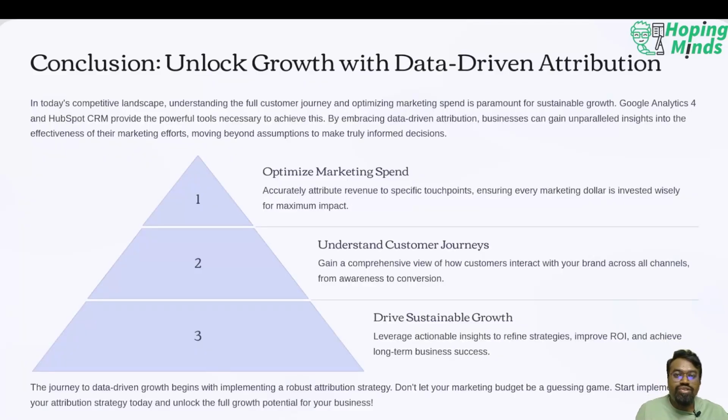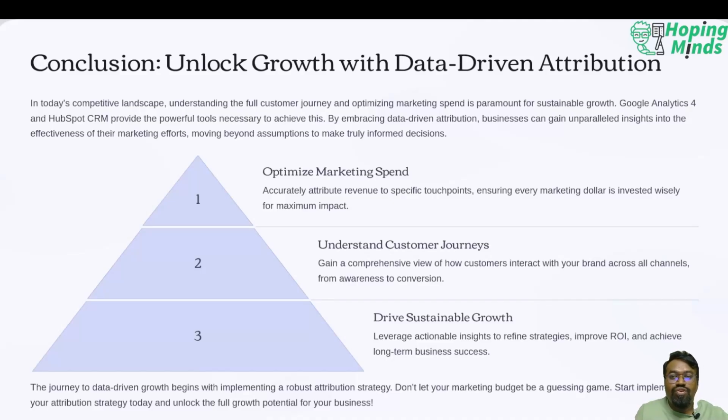Now, if you see the conclusion, we all know that we can unlock growth with data-driven attribution. In today's competitive landscape, understanding the full customer journey and optimizing marketing spend is paramount for sustainable growth. Because as a marketer, we also need to see which platform is performing well, and accordingly, we need to allocate budget according to the outcome.